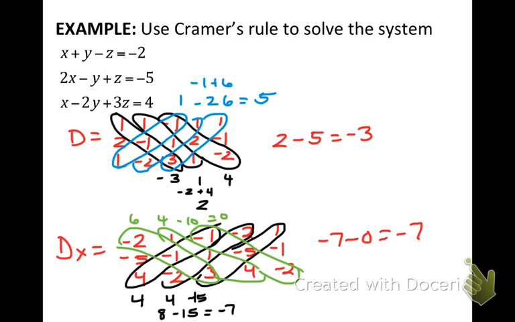So I got 4 here, 4 here, so 4 plus 4 is 8, and a negative 15, which would be negative 7. And going the other way, this would be 6 and a 4, which makes 10, and then a negative 10, which would be 0.